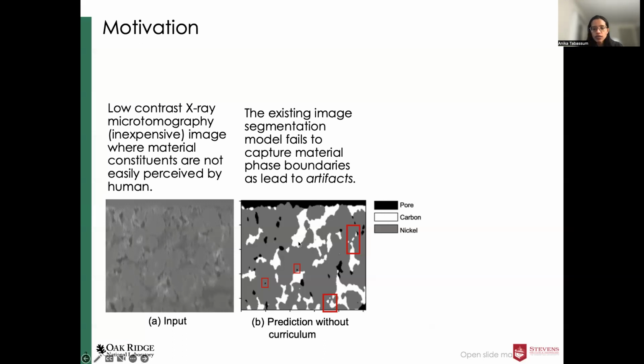And if we use an image segmentation model, which has been widely applied for different computer vision applications, we can identify the material phases, and that is shown in figure B. However, the predictions within this red box can still lead to many small artifacts, that is, many small noises, and they are very irregular in shapes, which is not desirable.